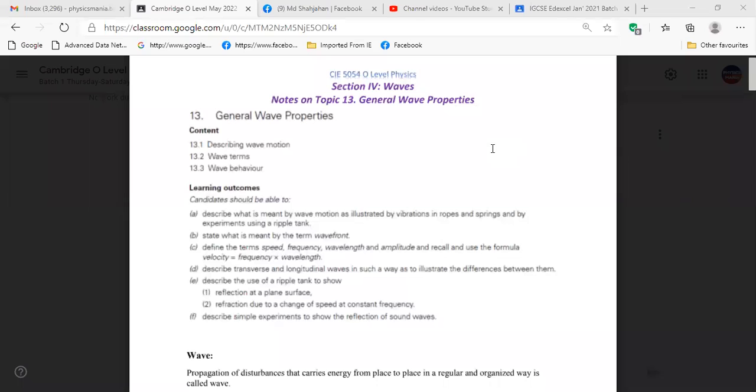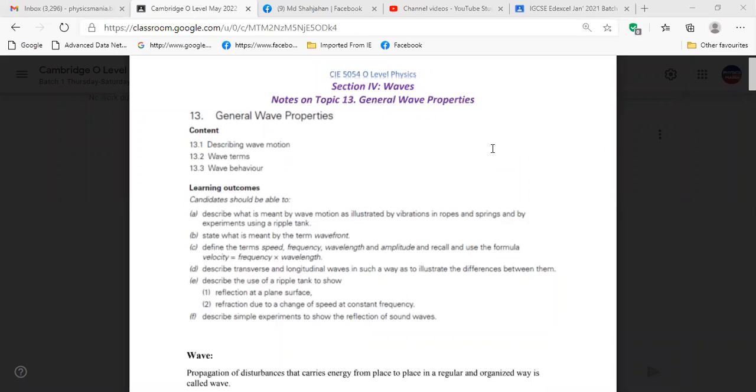We also have waves in a string, right? If you have one rope attached at one end to a wall, then you can make a wave using the rope. And we can also have waves using springs. So we will have all these ideas in this topic. And for all these waves, there are some things common.